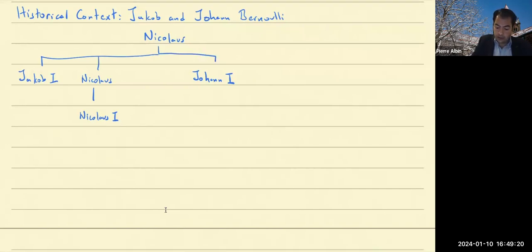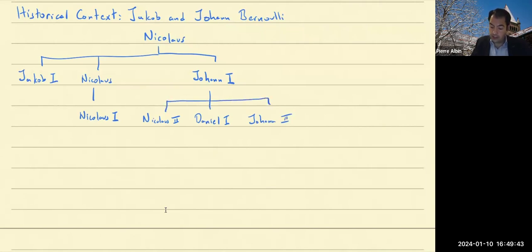Then Johann's children included mathematicians, so we'll put Nicholas II, Daniel the first, Johann the second.